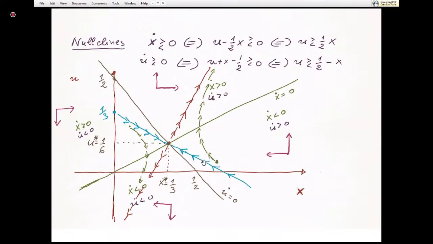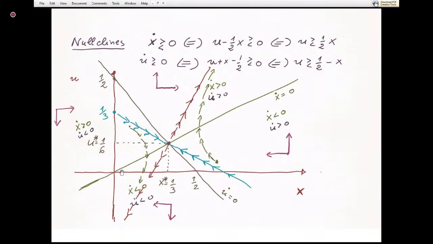Because if you move from this point towards the steady state, you see that the flow increases and the stock decreases. Because there is depreciation, you are less than offsetting depreciation, okay? And the final result is that it will converge to the saddle equilibrium.